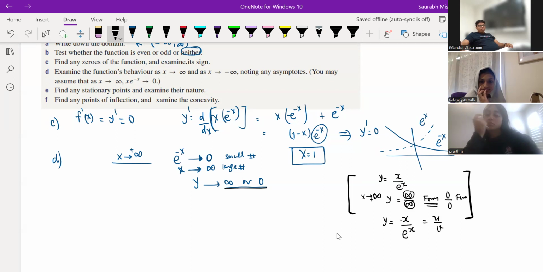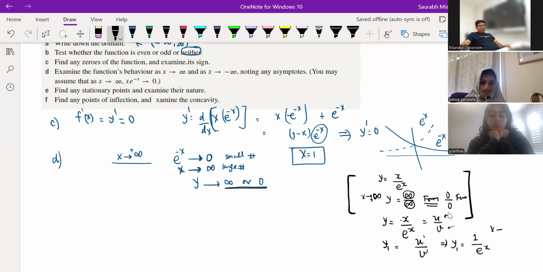You differentiate u separately and v separately, so look at u prime by v prime. In this case, if you differentiate x, you get 1. If you differentiate e to the power x, you get e to the power x. Isn't it? Call it the new y, y1. Clear?